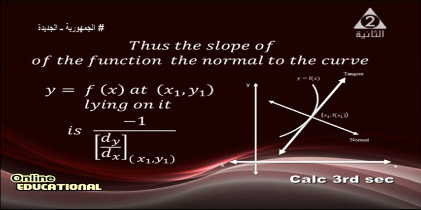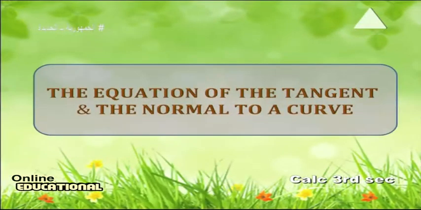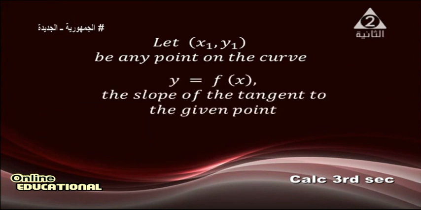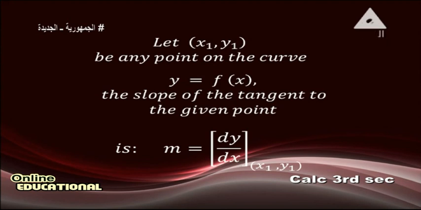Now, what is the equation of the tangent and the equation of the normal to a curve? Let the point x1, y1 be any point on the curve of the function y equals f of x, and the slope of the tangent at the given point is m, which equals dy/dx at this point x1 and y1.